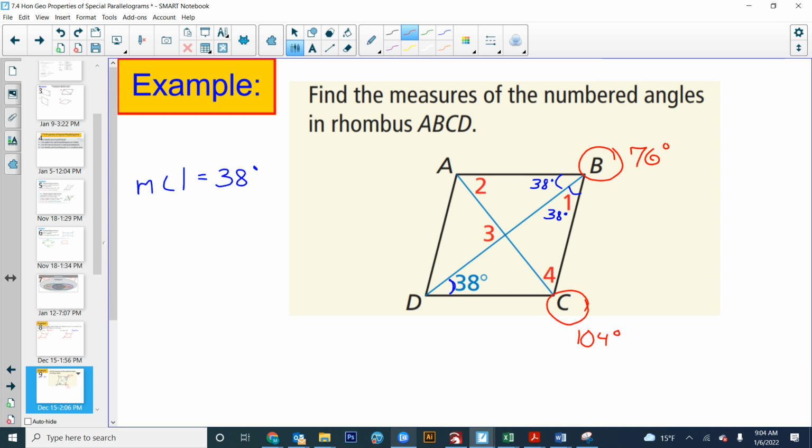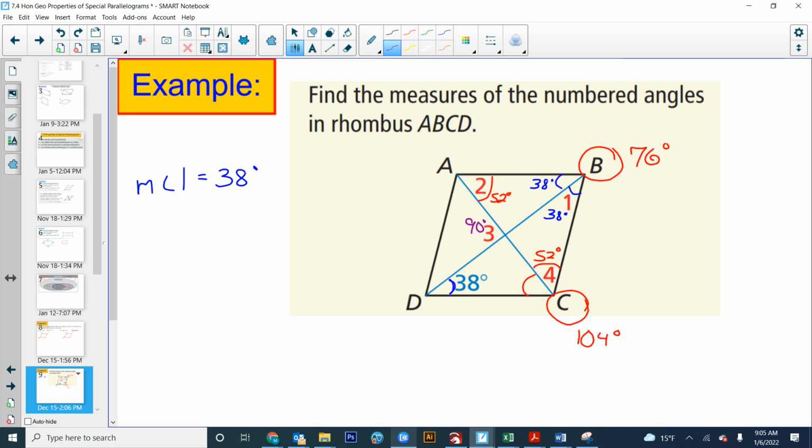What's angle 4? 52 degrees. What's angle 2? 52 degrees. What's angle 3? Come on, 90. Diagonals are perpendicular in a rhombus. We're told it's a rhombus. Diagonals are perpendicular, 90 degrees.